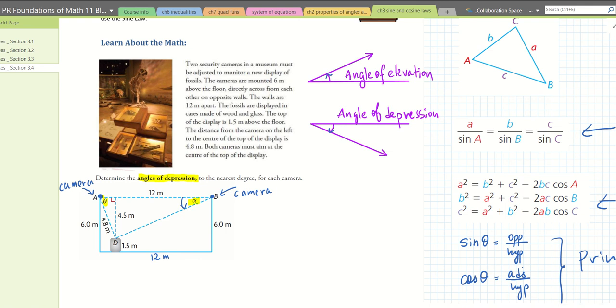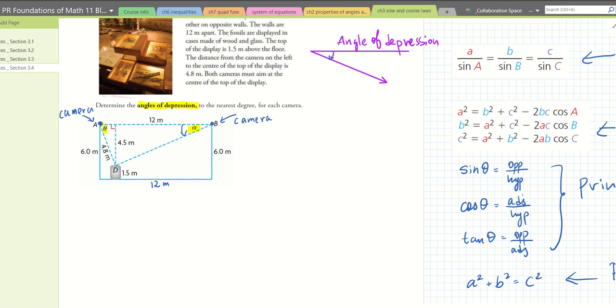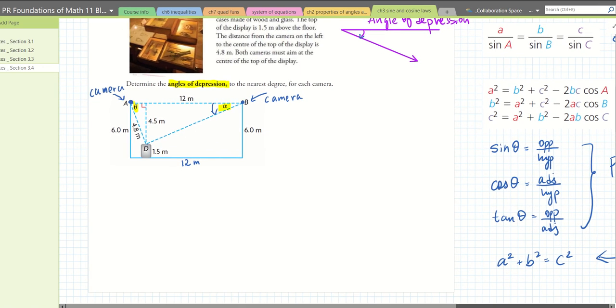We can use primary trigonometric ratios as a first option. For example, if you look at camera A on the left side and angle theta here, we have a right angle triangle in which we know the hypotenuse and we know the opposite side. If you already know 2 sides in a right angle triangle, you can find the missing angle. So let's try and use that first.